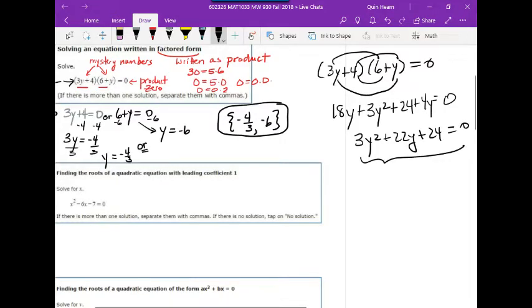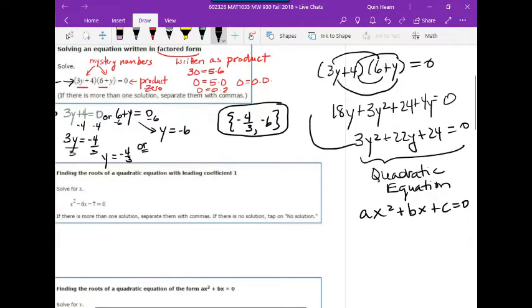This is what's called a quadratic equation. A quadratic equation is any equation of the form ax squared plus bx plus c equals 0. Very frequently, quadratic equations can be solved by writing the quadratic polynomial in a factored form.